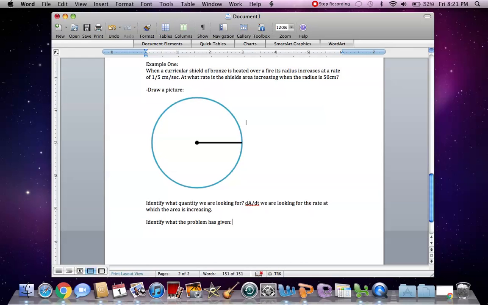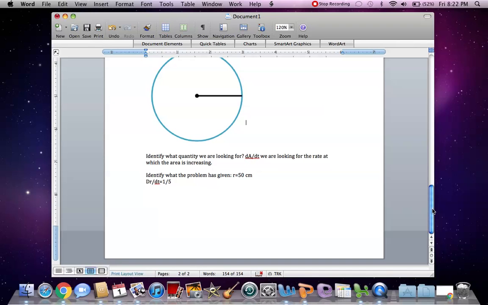So the problem gives us a radius of 50 centimeters, so we know that r equals 50 centimeters. We are also given 1/5 centimeters per second, and that is our dr over dt equals 1/5. We don't need to necessarily put in the units now, just remember that they're there and they have to be in your final answer.